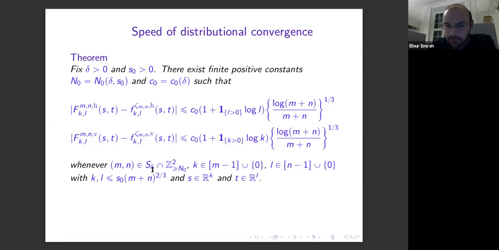So here, again, we restrict m, n to be away from the boundary and should be sufficiently large, but also the sizes of the path can go up to (m+n)^(2/3).